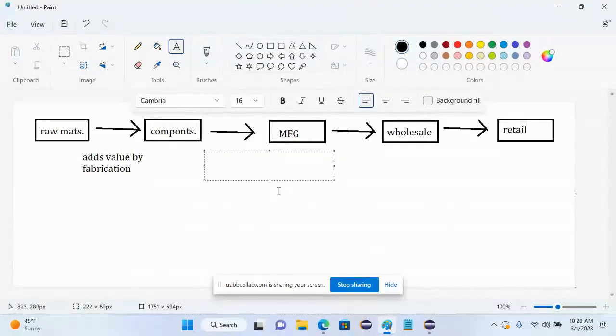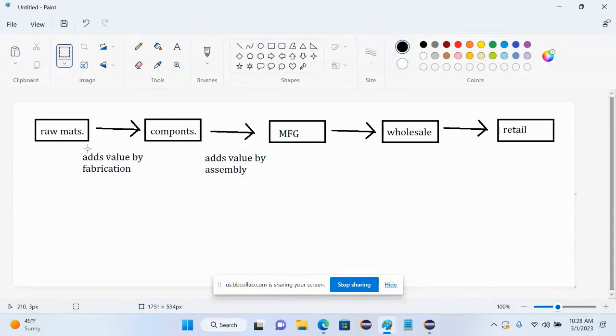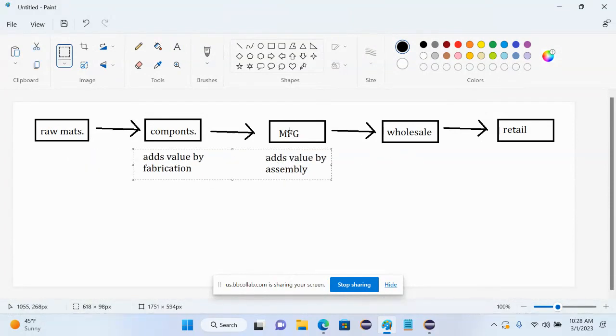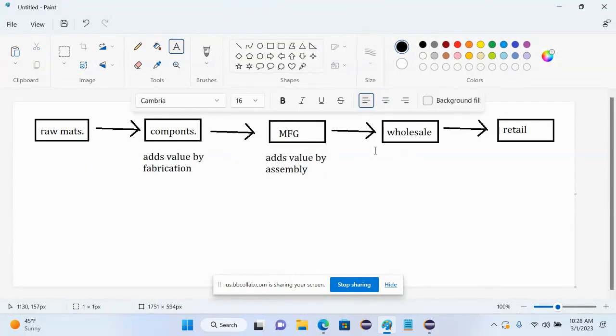And here, adds value by assembly, right? All those components, they're more valuable when you've taken the time to make a car or whatever than they are as just their isolated raw components. I'm going to shift these over a little bit because it's going to look weird. All right. Ta-da.